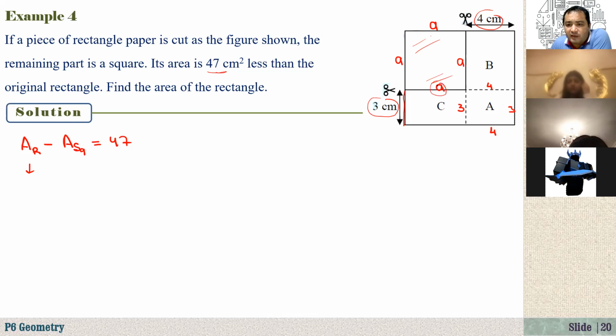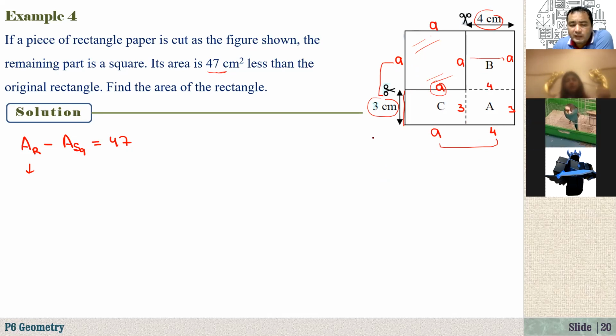If this side is length A, also this side should be A, and opposite sides are equal. So here we have A plus 4, and the length is A plus 3. So that's the area: A plus 4 times A plus 3.